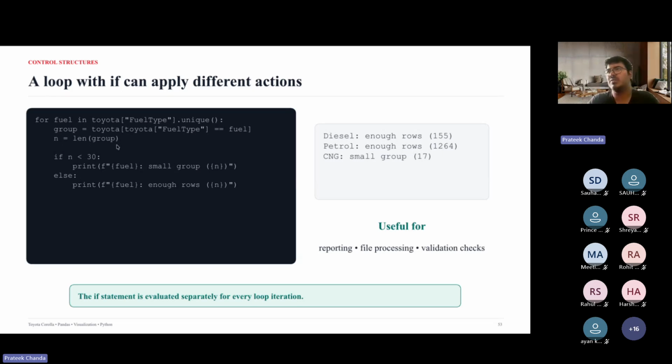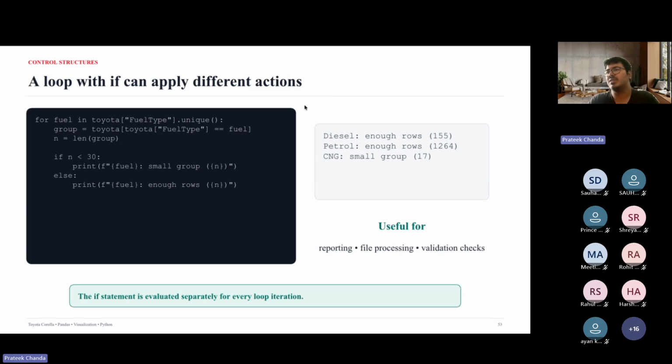For example, here for the fuel type column, we are looking at the unique types of fuel type, and we are grouping by that corresponding fuel type. Fuel type was originally diesel or petrol, these gradations. So you group by the corresponding fuel type, and based on the number of items in that group, you add an if else condition on top of it.